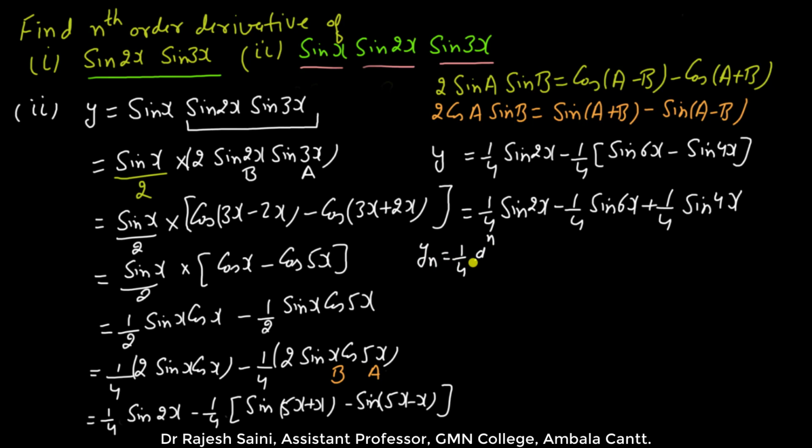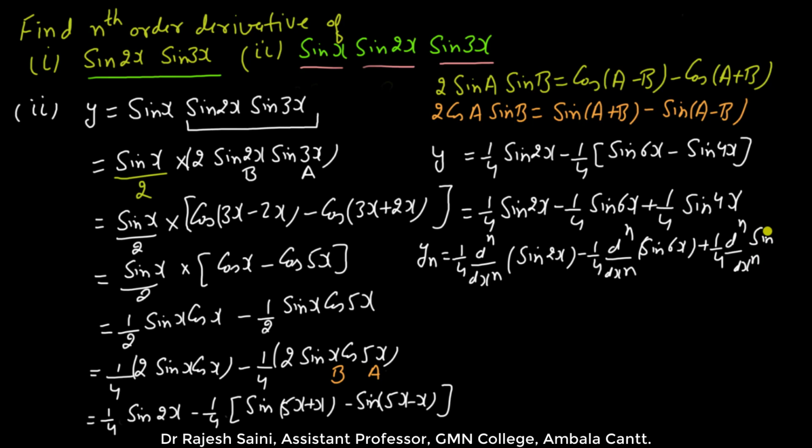You can write dn by dx, the nth order derivative of sine 2x, minus 1 by 4 nth order derivative of sine 6x, plus nth order derivative of sine 4x.